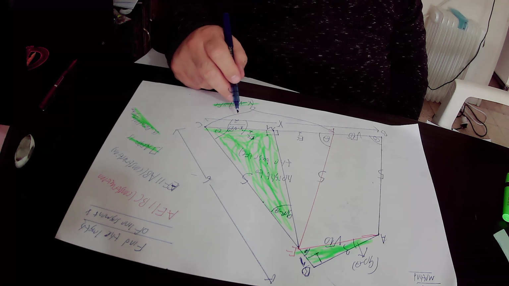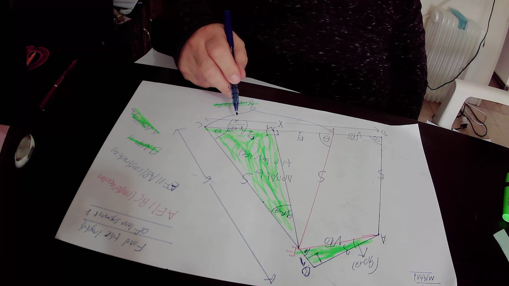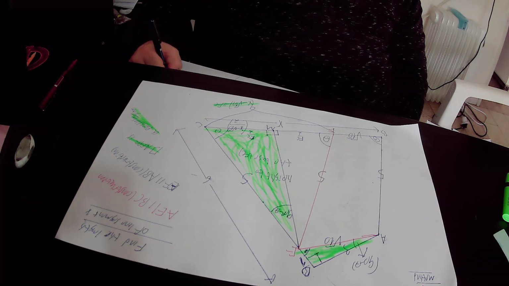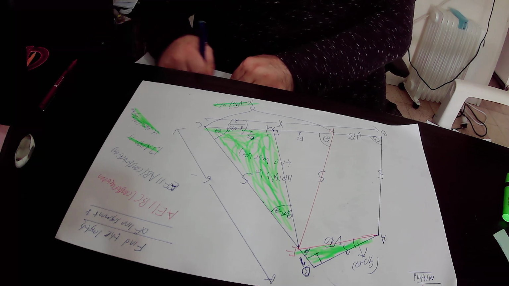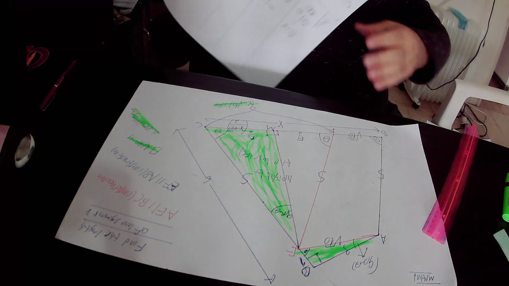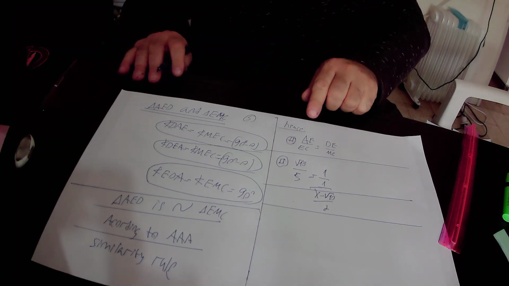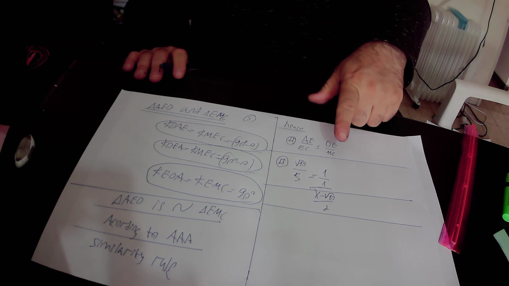MC equals x minus square root of 10 over 2, so we substitute MC by x minus square root of 10 over 2. So in conclusion, according to equation number 2, square root of 10 over 5 equals 1 over x minus square root of 10 over 2.